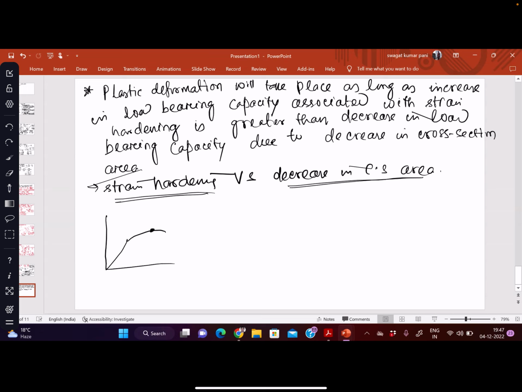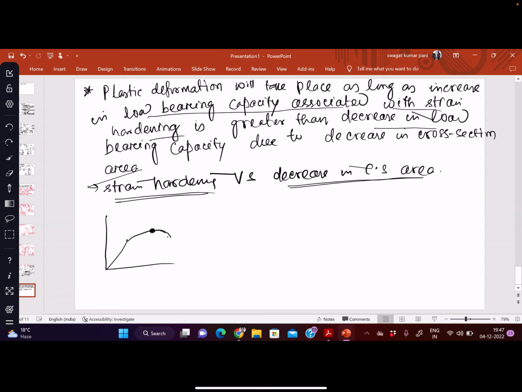So at this point, the load bearing capacity associated with strain hardening is equal to the decrease in load bearing capacity due to decrease in cross section. After this, strain hardening will reduce and this will take over.